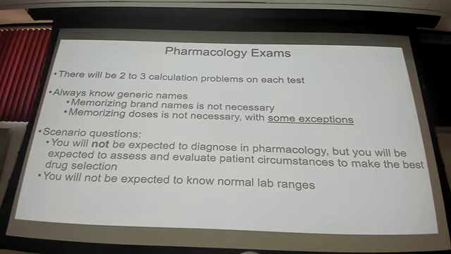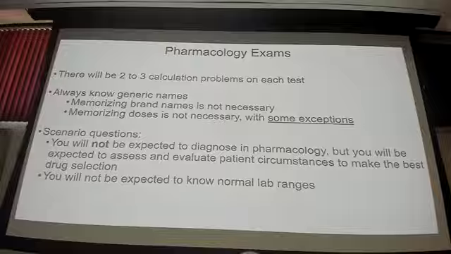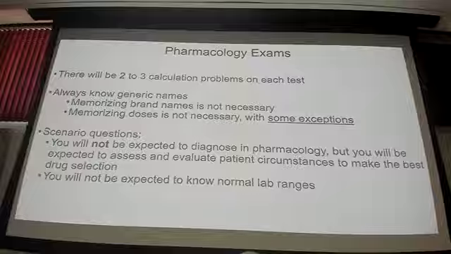There'll be about 3 calculations on each exam. You will not be required to know the brand name of a drug, only the generic. Dosing is not necessary except under certain situations. You will not be diagnosing a patient's condition in pharmacology, but you will be determining what line of treatment is best for them.